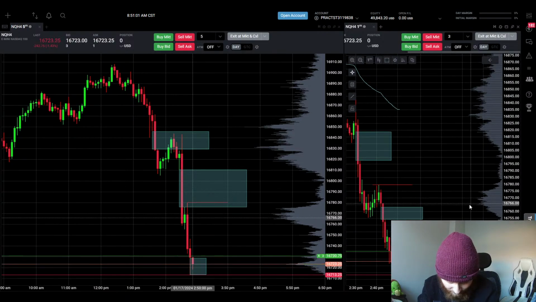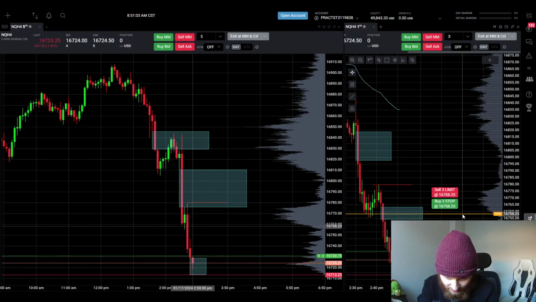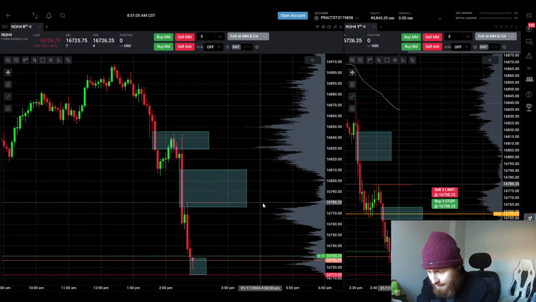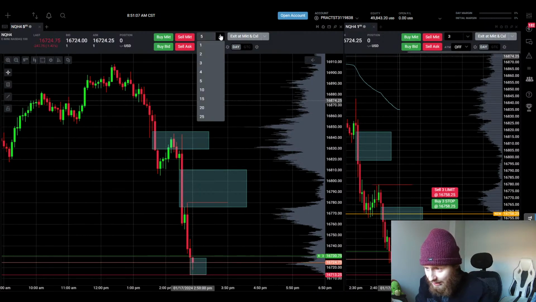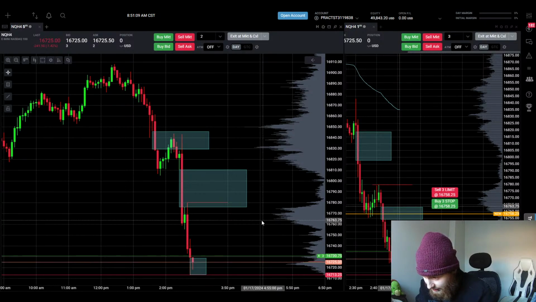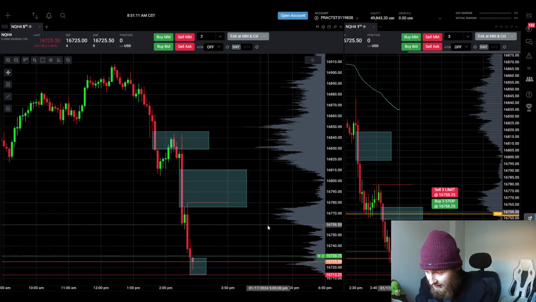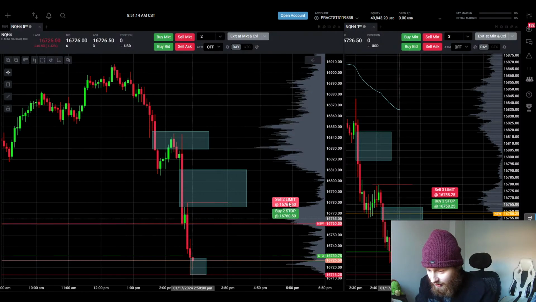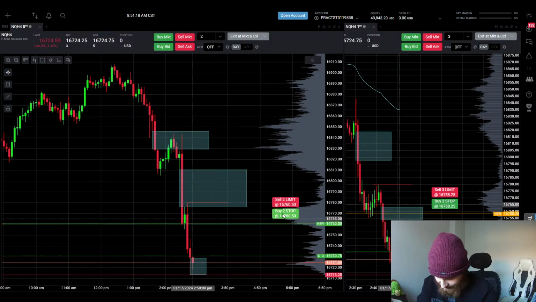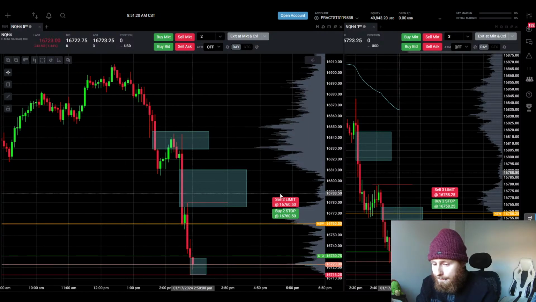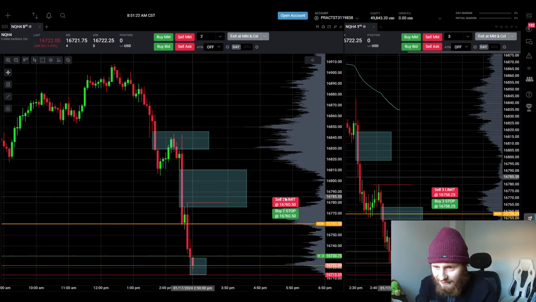And we're going to be aiming for taking some off around here, the area we were looking at before for our sell orders. And we'll take 2 of them off. And we'll let a runner run or hit break even at that point. That's if I get hit into my trade, or if I don't get taken out of it.